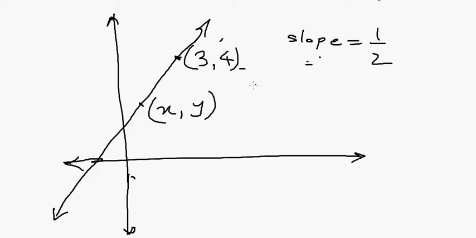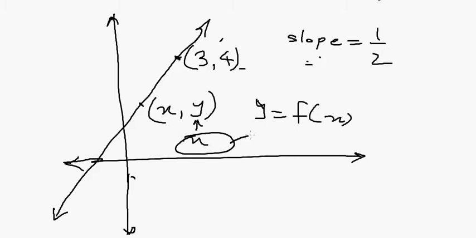I have to find out what y and x are gonna be, or at least I have to find out what y is gonna be in terms of x, because y is a function of x, right? So I should be able to write this y in terms of x, because y is a function of x.